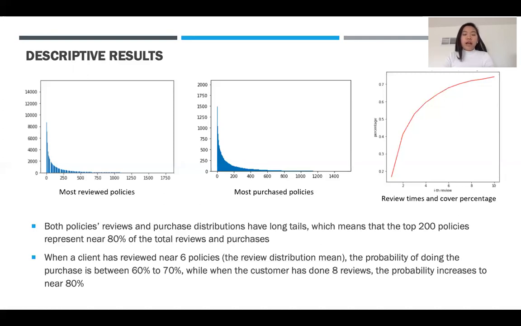And for the third graph, we have the curve representing the probability that a customer will purchase the policy based on how many times the customer has reviewed the policy. So we can see that the more times a customer reviews the policy, the higher the probability that the customer will purchase the policy.